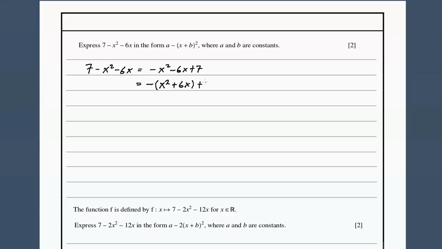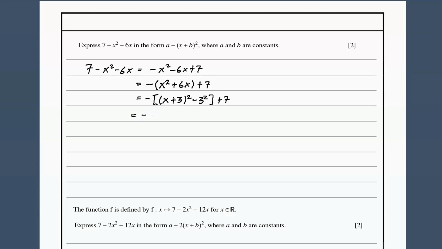But we already have the 7 outside, so it's good. Now, this is going to be minus, and I'm completing the square on x squared plus 6x. So I open up my bracket, then x plus half the coefficient of x, that's 3, close bracket squared, and I subtract the 3 squared, close bracket, and it's plus 7.